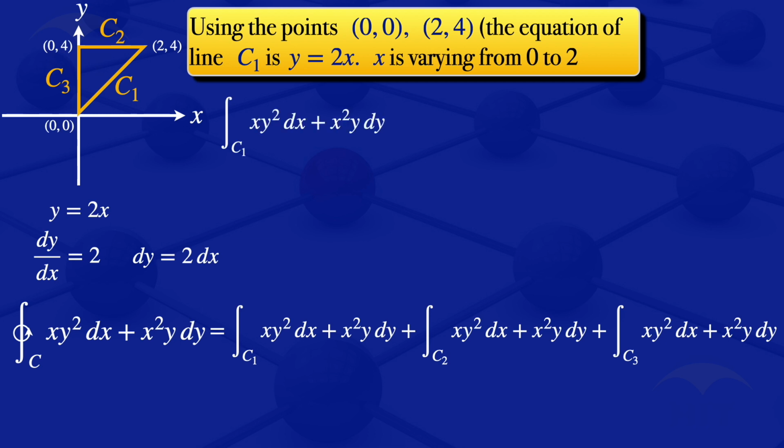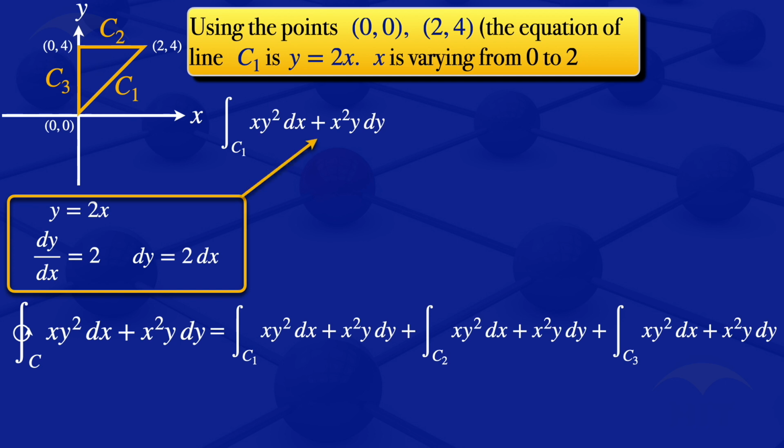And then to evaluate our integral along the curve C1 of xy squared dx plus x squared y dy, we now take those values of y, which we said is 2x, and dy, which we said is 2 dx, and put them in that integral. Along the curve C1, we see that x is varying from 0 to 2. So our limits of integration are from 0 to 2, and that integral becomes the integral from 0 to 2 of x times (2x) squared dx plus x squared times 2x times 2 dx.